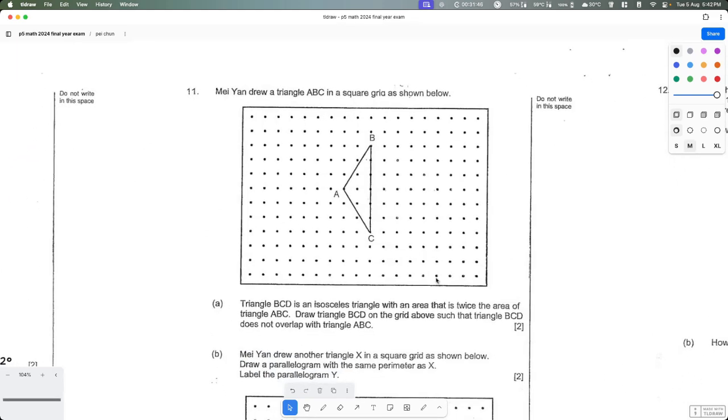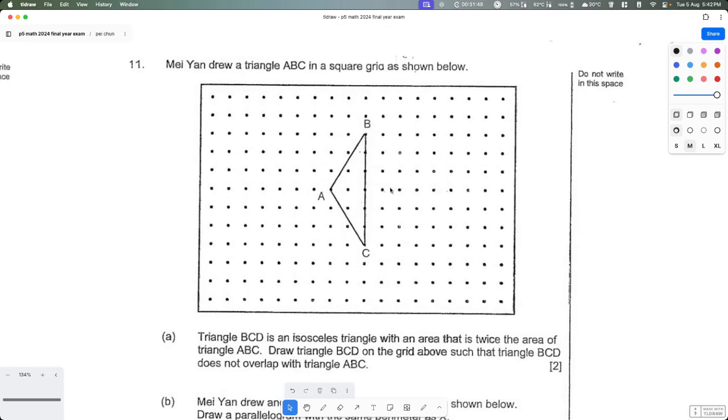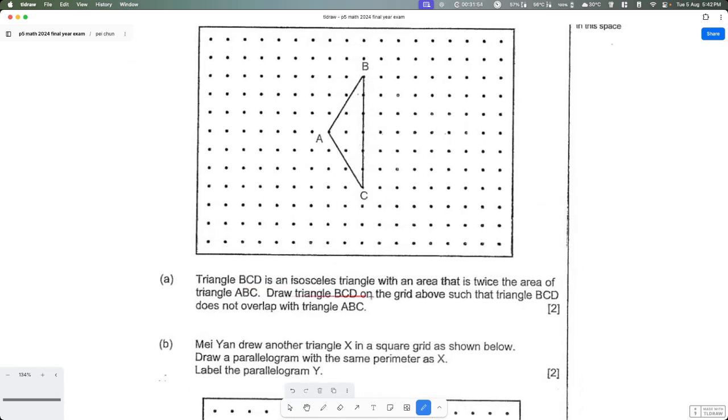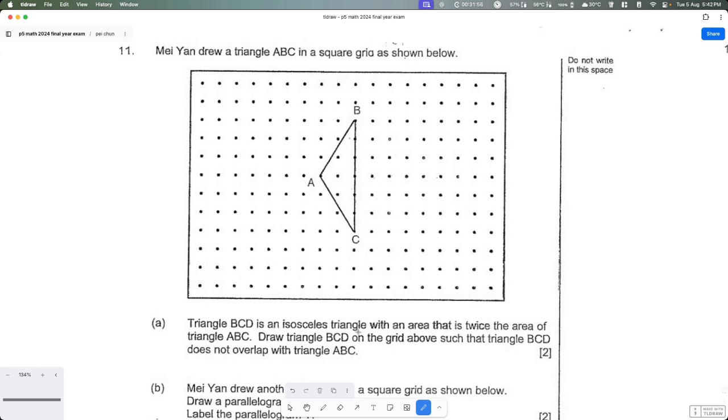Question 11. Mei Yan drew a triangle ABC. Triangle BCD is an isosceles triangle with an area that is twice the area of ABC. Draw triangle BCD on the grid above such that triangle BCD does not overlap with triangle ABC.